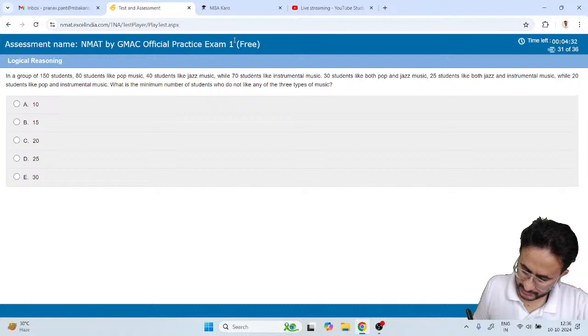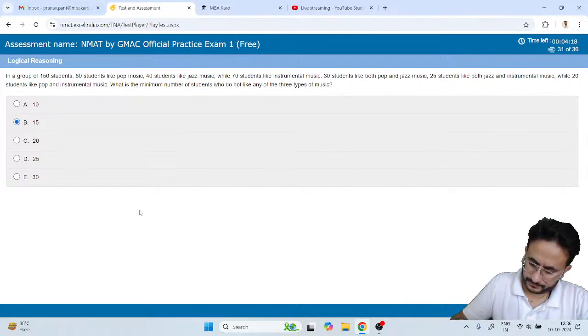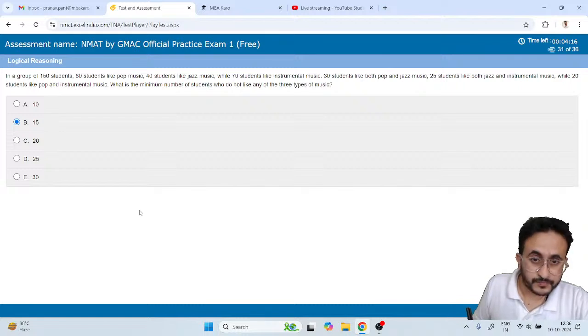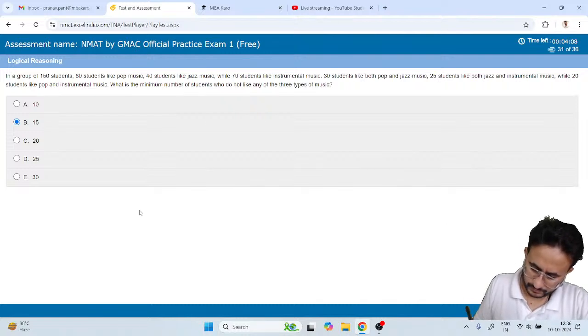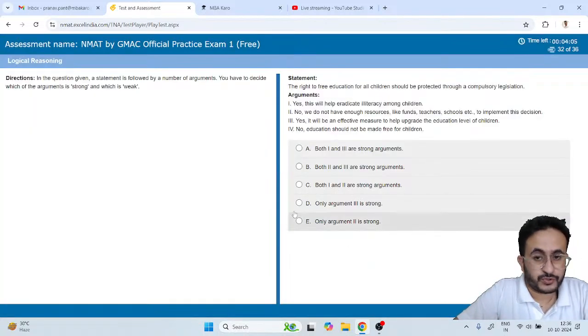So none will be 35 minus x. So for the minimum, we need to find the maximum value of x. The maximum value of x can be 20. So this will be 15. So it requires Venn diagram knowledge to solve this.